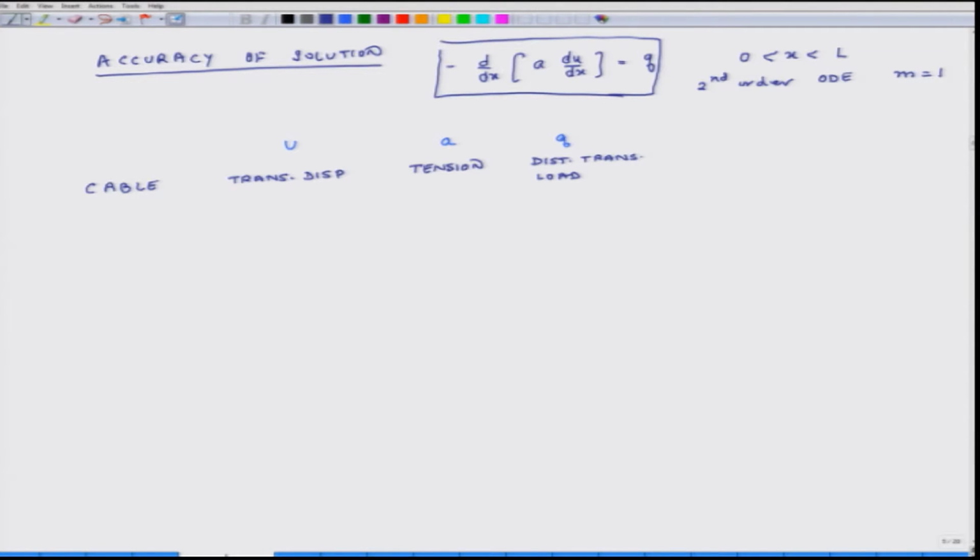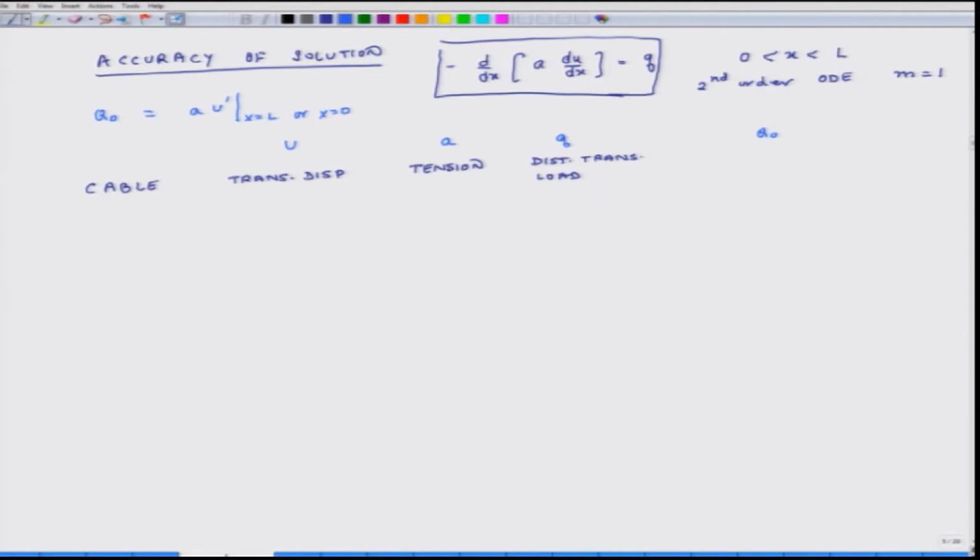And finally Q naught, and what is Q naught? I will define that here. Q naught equals A times U prime at, let us say, x equal to L or x equal to 0.